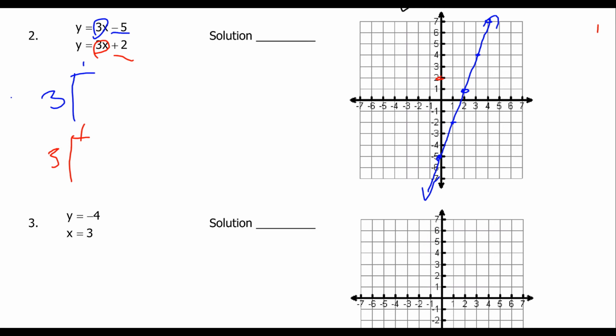We're going to go 1, 2, 3, over 1, and repeat. Now, as you can see, whenever we do this, we wind up with 2 lines that are parallel. They cross at different points on the y-axis, and they have the same slope. Therefore, they are parallel. Okay?